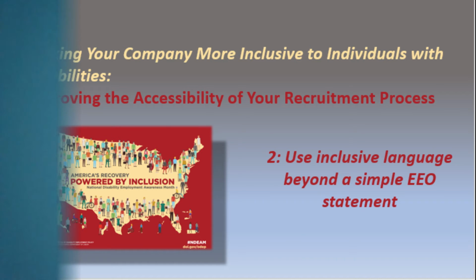The second step is to include inclusive language beyond a simple equal employment opportunity statement. Basic and minimal EEO statements can be perceived as being rubber stamped, meaning that the company only included them in the job description because they had to, not because they genuinely stand behind diversity in hiring.